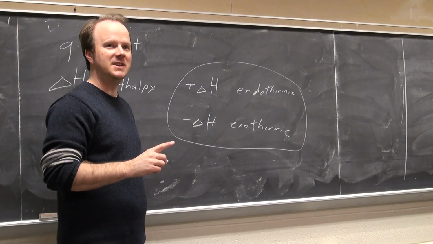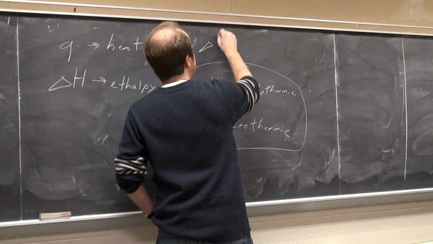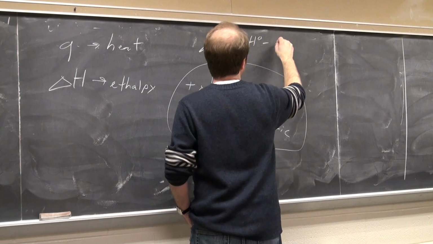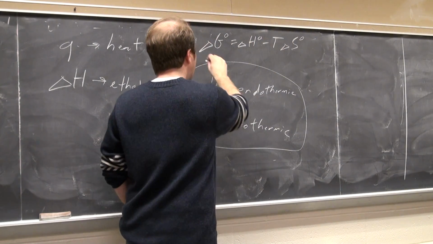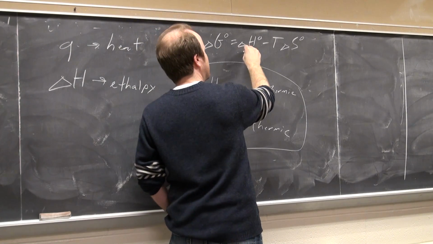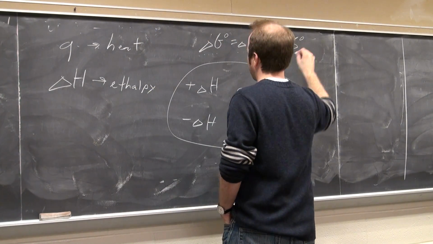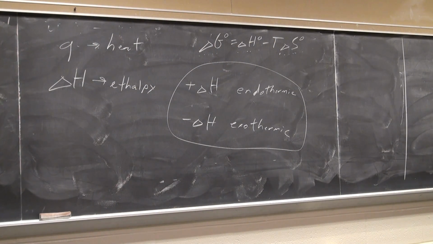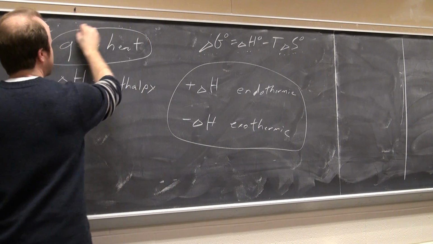Is free energy heat? No. Delta G 0 is delta H 0 minus T delta S 0. So part of free energy includes the enthalpy part, but you also have this entropy part as well. And so whether you're putting heat in or out, this is not a state function, right?